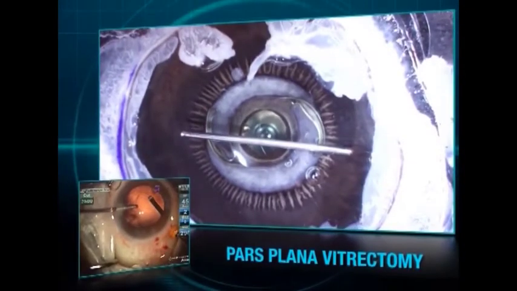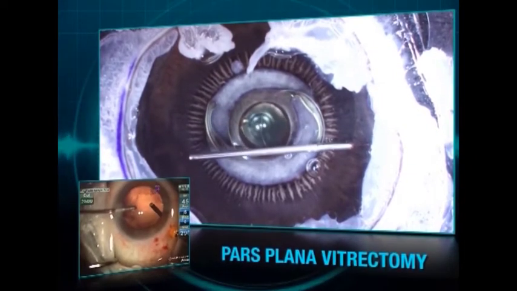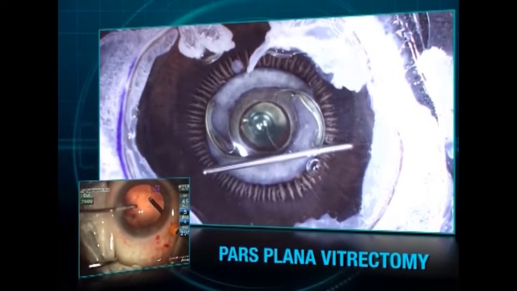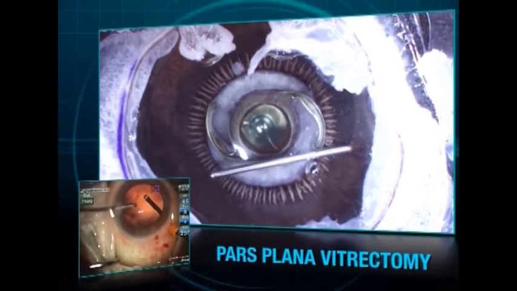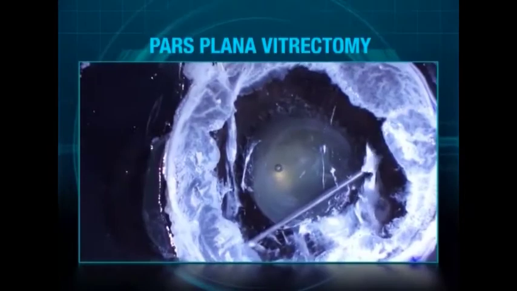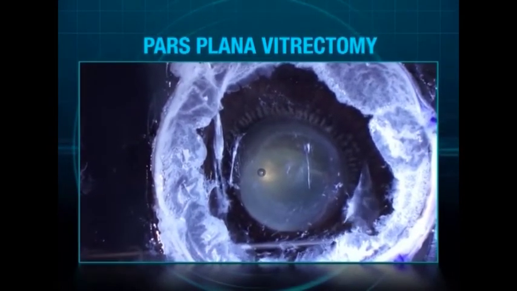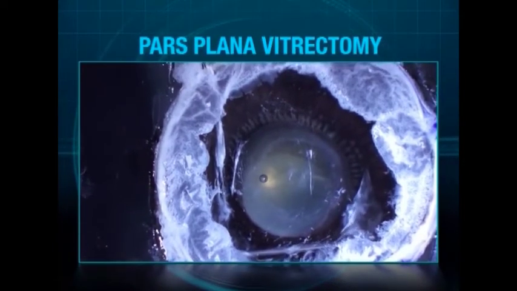Now have a look here. Can you appreciate the distinct ergonomic advantage and the unrestricted access circumferentially that the pars plana approach provides? Thus, a symmetric scaffold for the IOL.